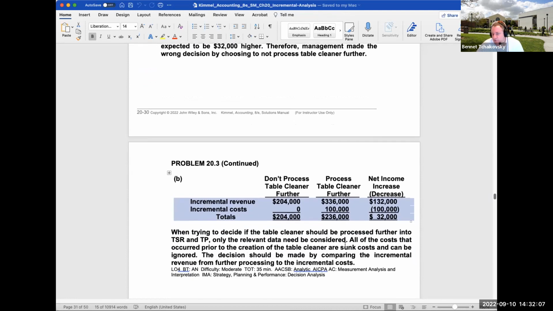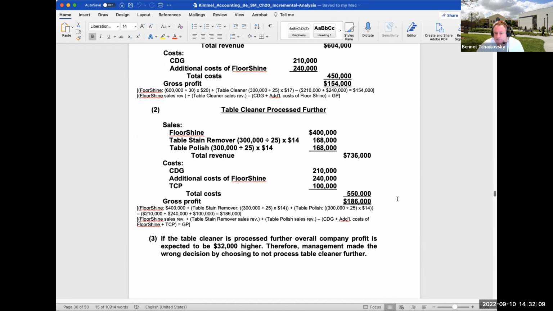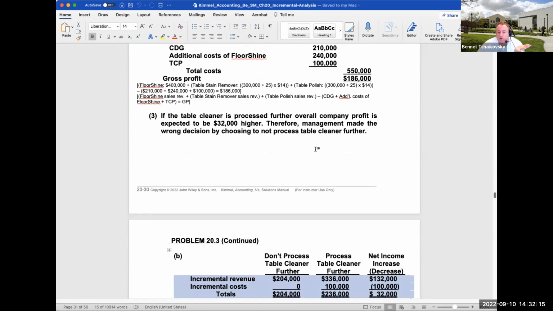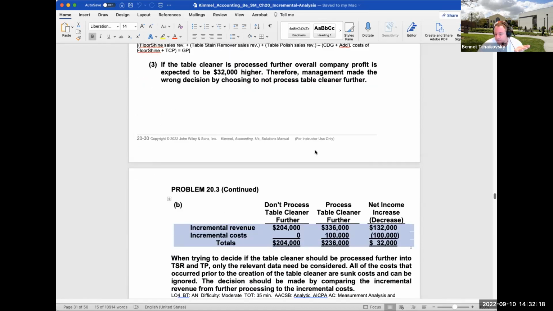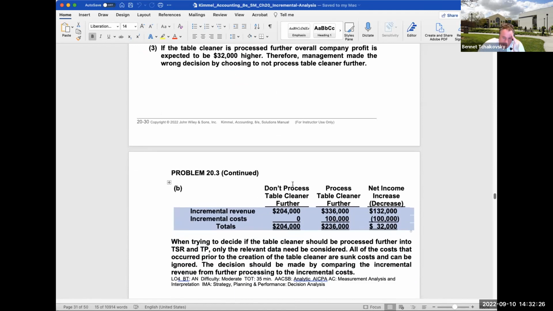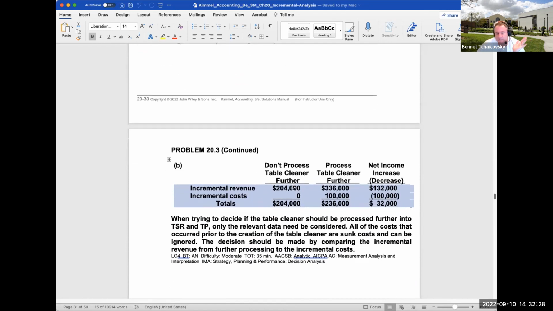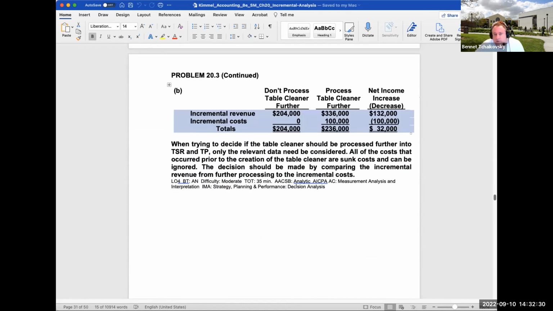And if you have to show the numbers, why not just stick to this? This looks great, right? You're showing, oh, this is 32,000 higher. Therefore, management should have processed it further, right? And then this part over here, in terms of looking at the incremental revenue and that sort of thing, to me, it's just on another planet.